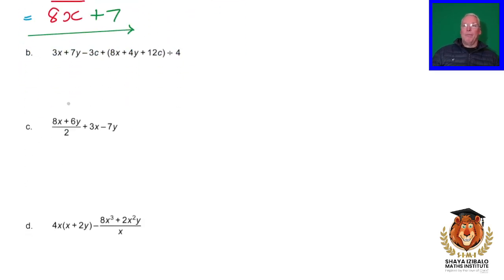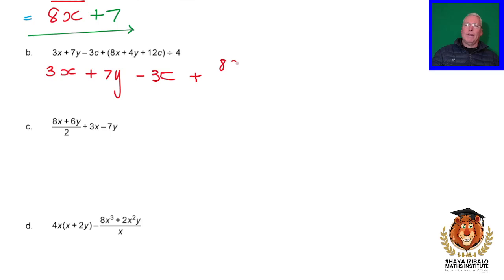Right, this one has got quite a lot going on, but what we must do, remember our order of operations, we must do our division first. So we're going to leave this 3x plus 7y minus 3c, and then we're going to add, now we're going to divide each of these things by 4.